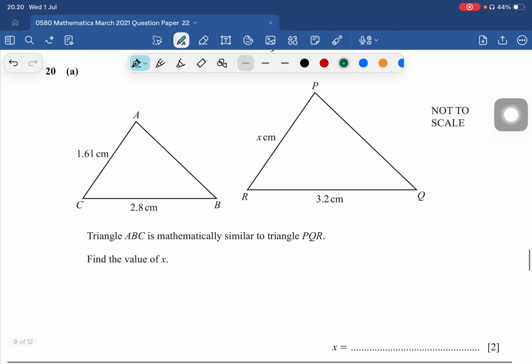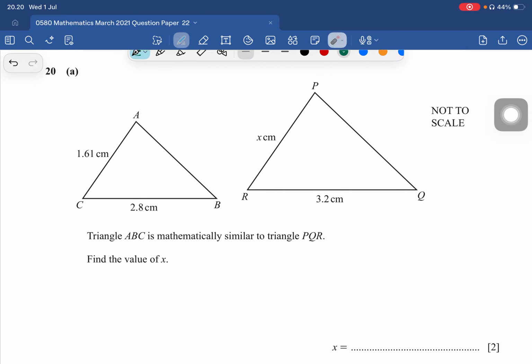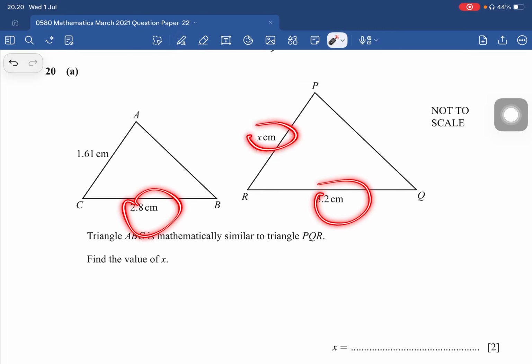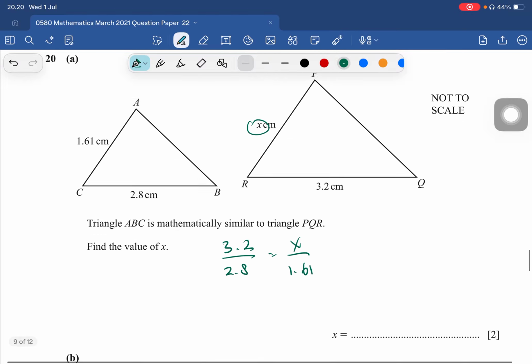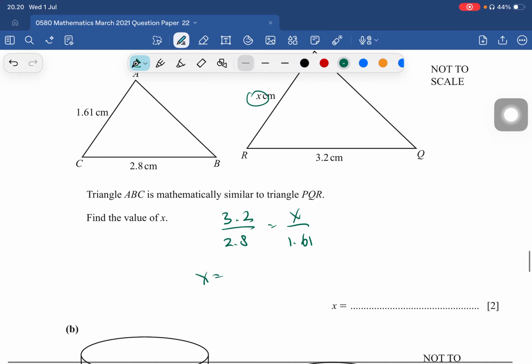Okay, 20. Triangle ABC is mathematically similar. So the corresponding sides are, yeah. So 3.2 over 2.8 equal to x over 1.61. Okay, so x equal to 3.2 over 2.8, we multiply by 1.61.